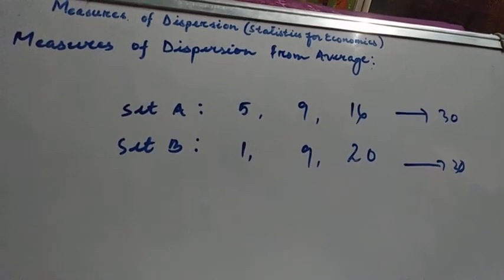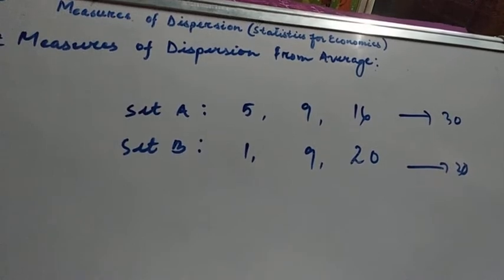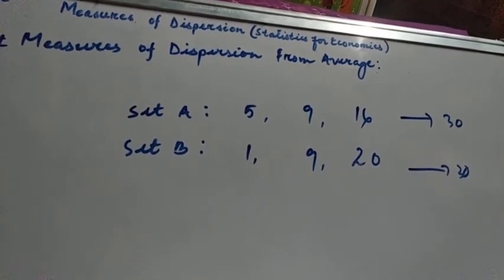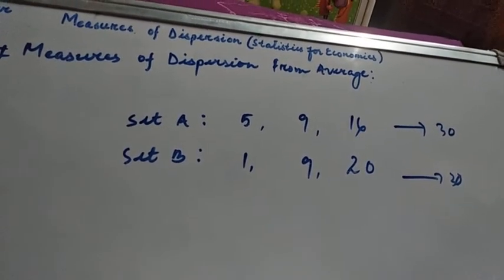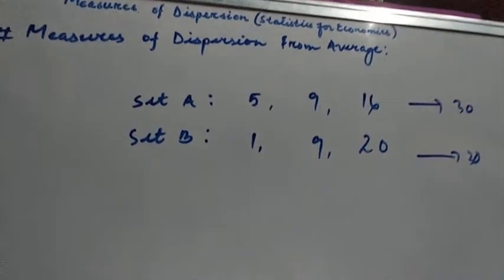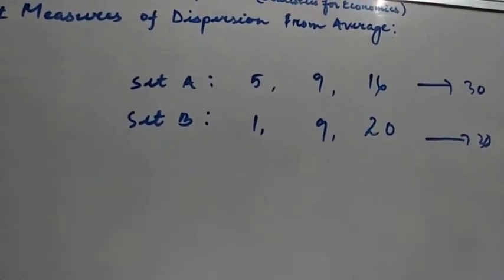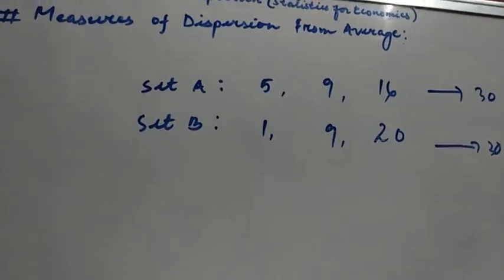For standard deviation, the deviations are first squared and averaged, and then the square root of the average is found. We shall discuss them in detail, starting with mean deviation, with the help of an example.